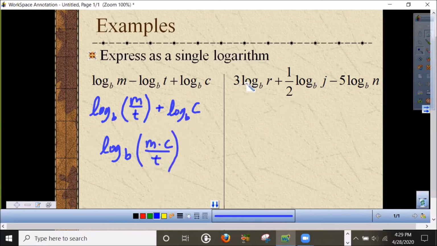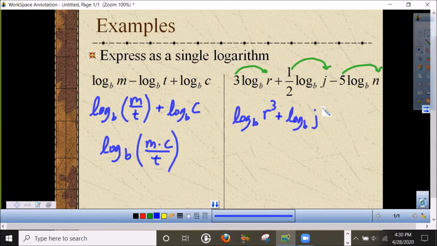The second example has coefficients in front of each log. Those coefficients are first going to move up and take a place as an exponent. So an exponent of r, an exponent of j, an exponent of n. I'll write log base b of r to the third plus log base b of j to the 1/2 minus log base b of n to the 5th.